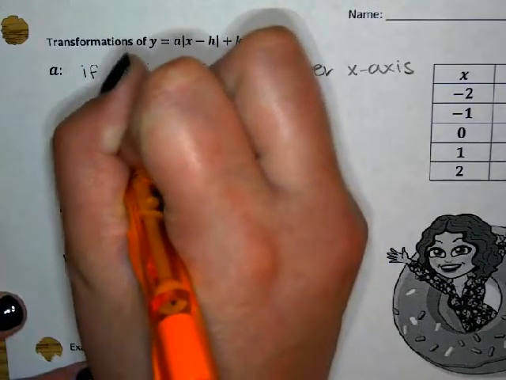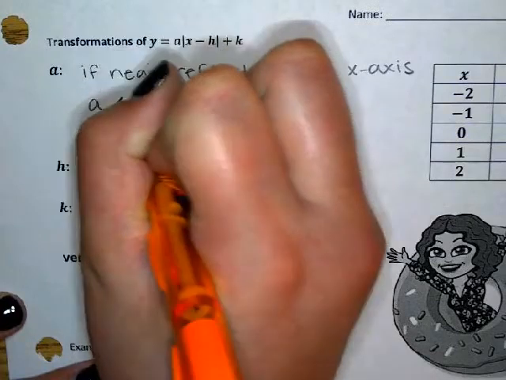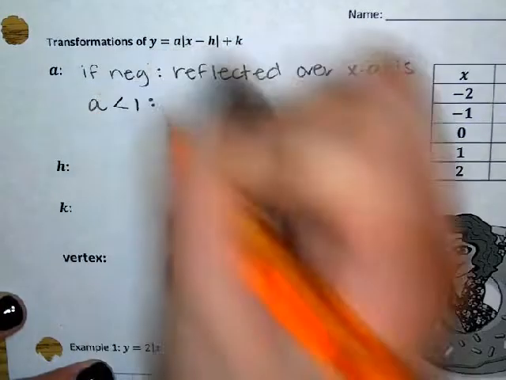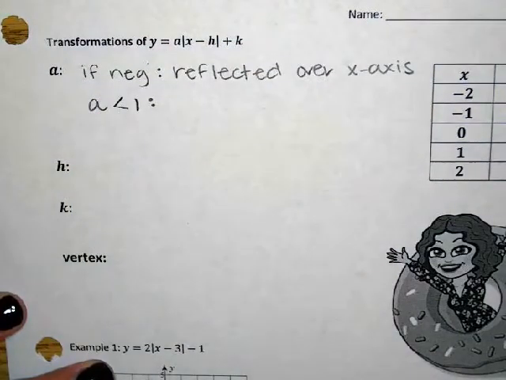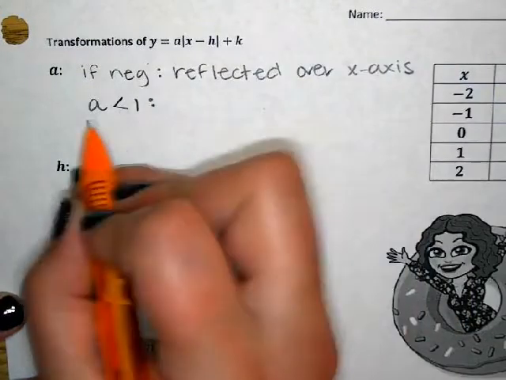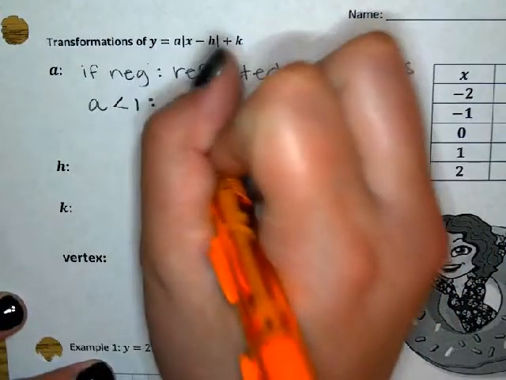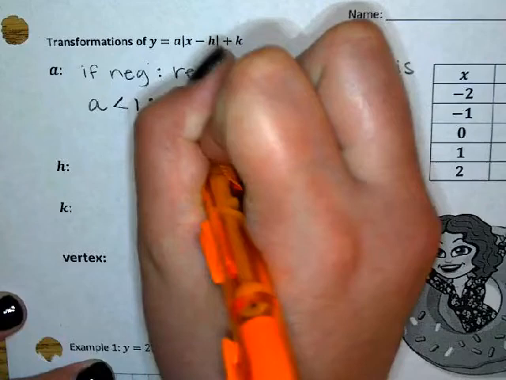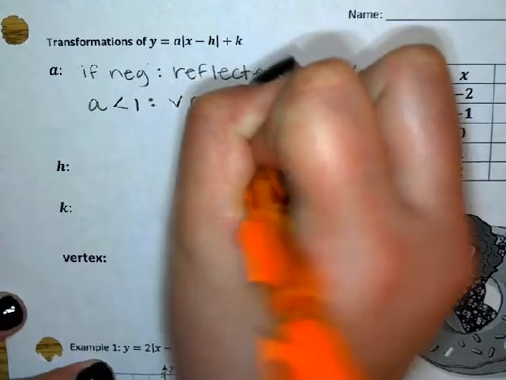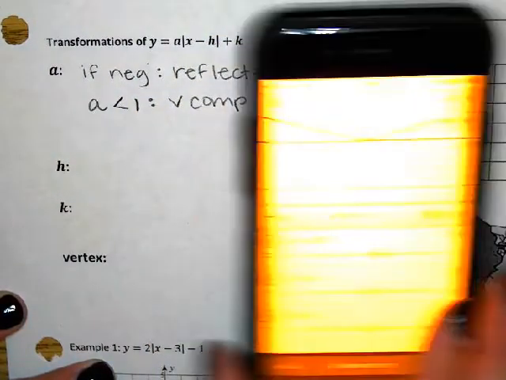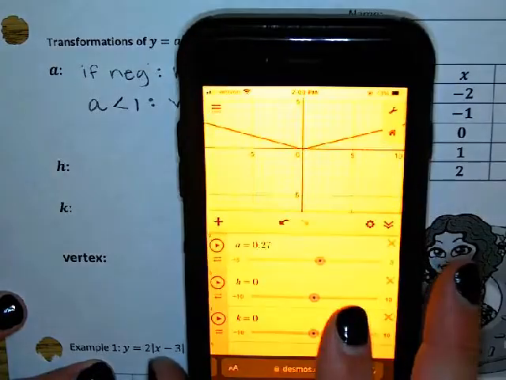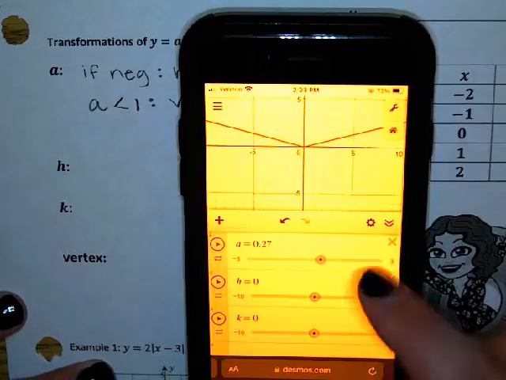So if the A value is smaller than 1, and right here I'm not talking about negative versus positive, I'm just talking about the size of the number. If the size of the number is small, then the graph is vertically compressed. That's what we call it when a graph has been made very short and fat kind of looking. We would say vertically compressed.